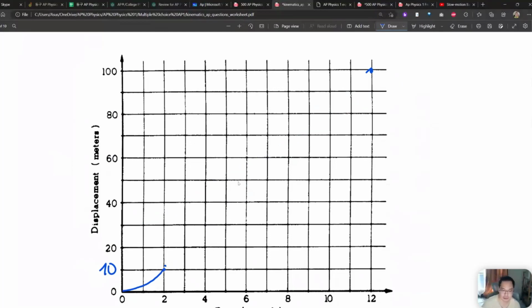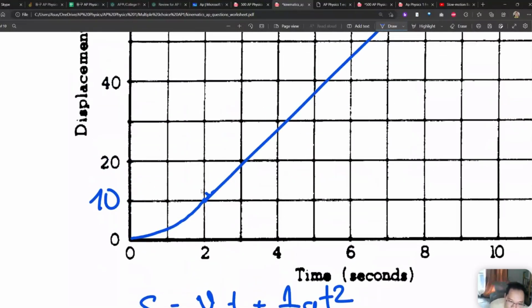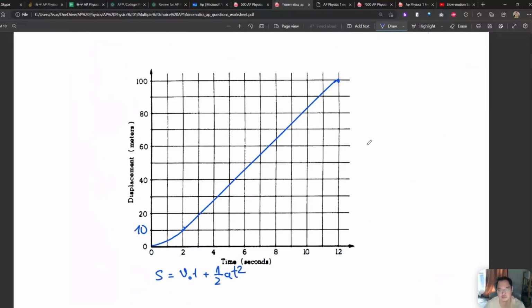The perfect drawing is that the straight line is the tangent of the parabola at the end, a smooth transition between the parabola and the line. For the straight part, the distance is simply the speed multiplied with time.